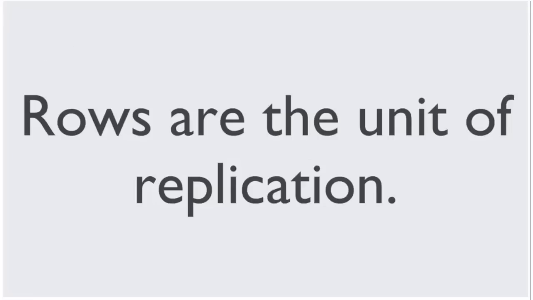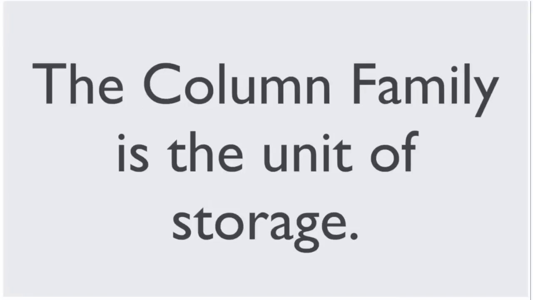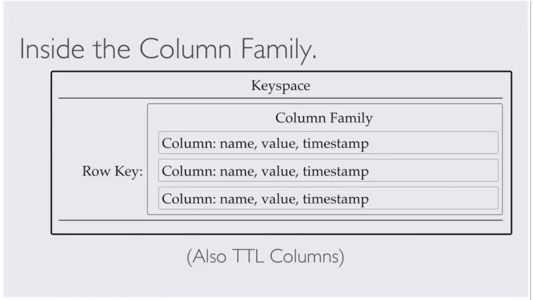As we've seen before, the rows are our unit of replication. We take a row, and the entire copy of that is on each of our replicas. And the column family is our unit of storage. When you get into Cassandra, you'll see that a column family equates to some files on disk. And column families are also our unit of querying.